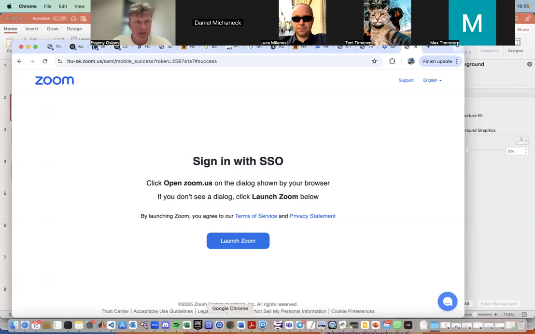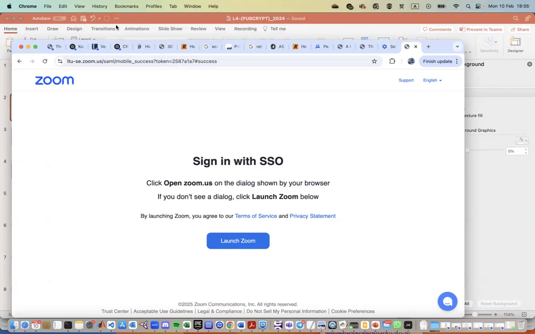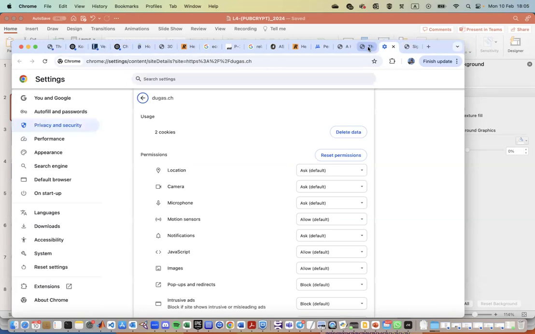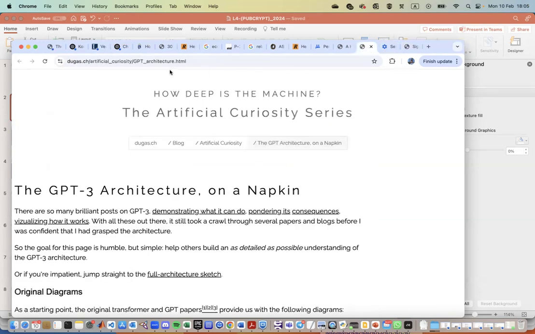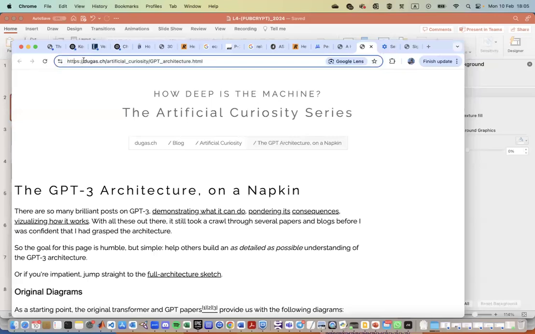So let me see. Now I need to get rid of this thing. So, for example, we visit this web page or any web page that has in its address this HTTPS.